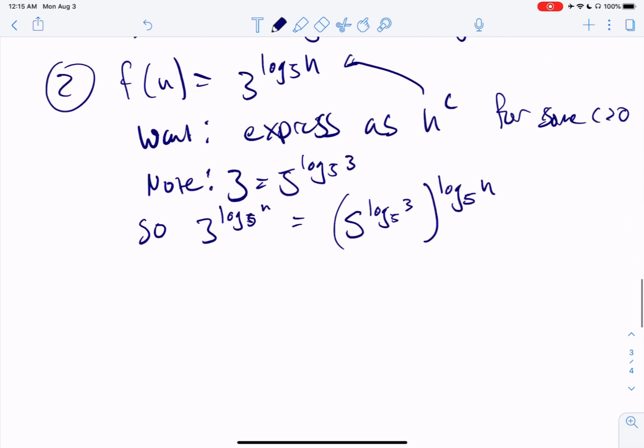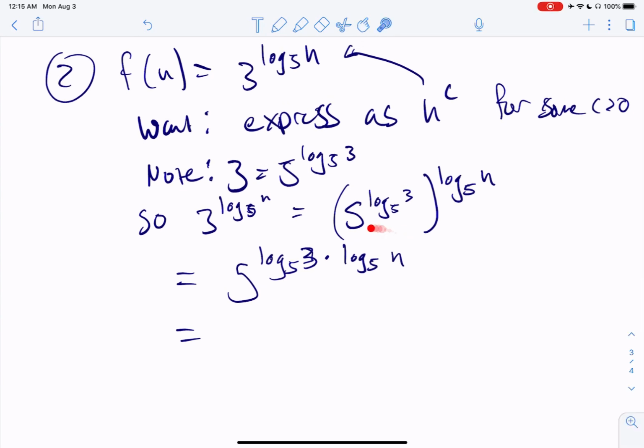Okay? I can continue with this. I can now just multiply these exponents together. This is 5 to the log base 5 of 3 times log base 5 of n. And now I'm going to make this guy the first exponent and this guy the second exponent, which I can do.